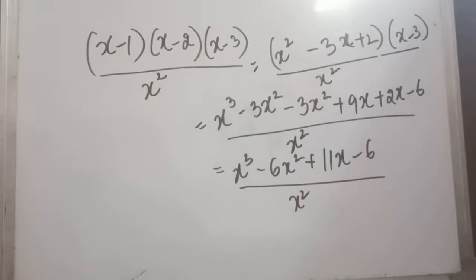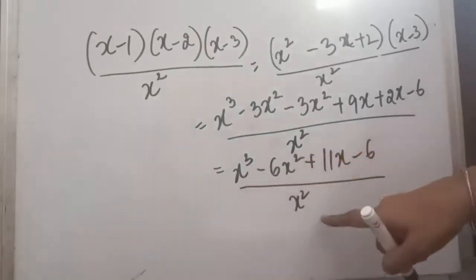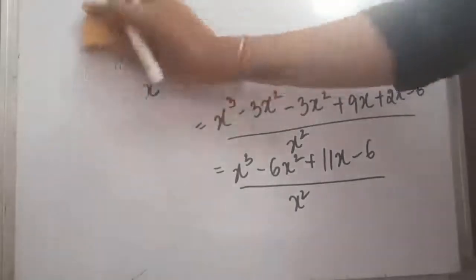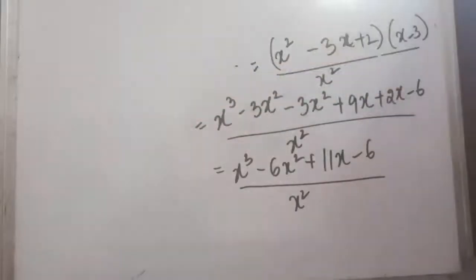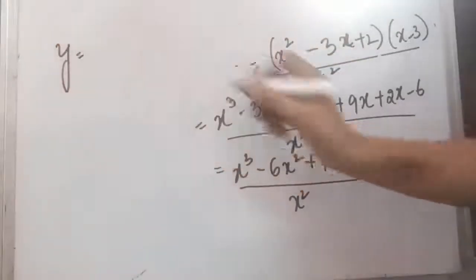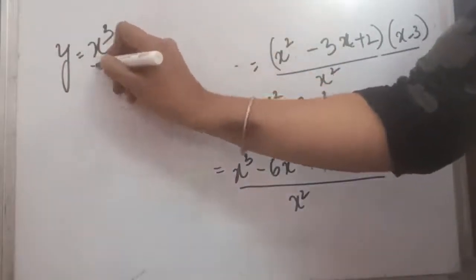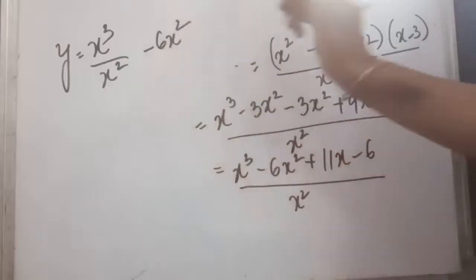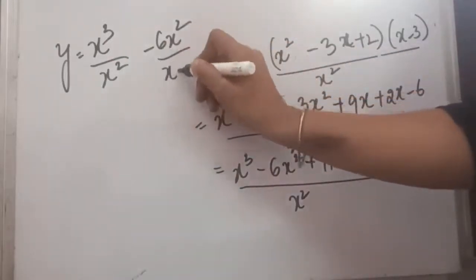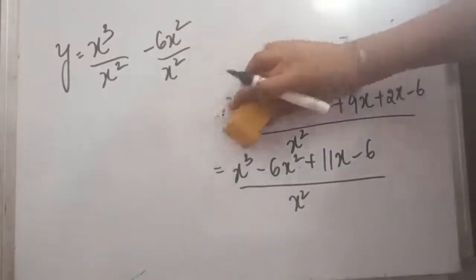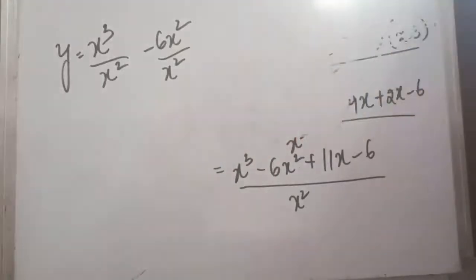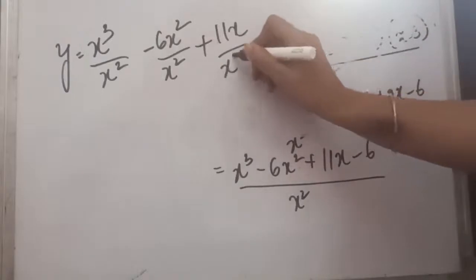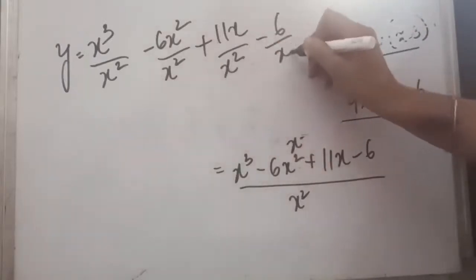Now we can start with the process that we have to divide by the denominator. So we can just show it step by step, y is equals to x cube divided by x square minus 6x square divided by x square, and third can be plus 11x divided by x square minus 6 divided by x square.